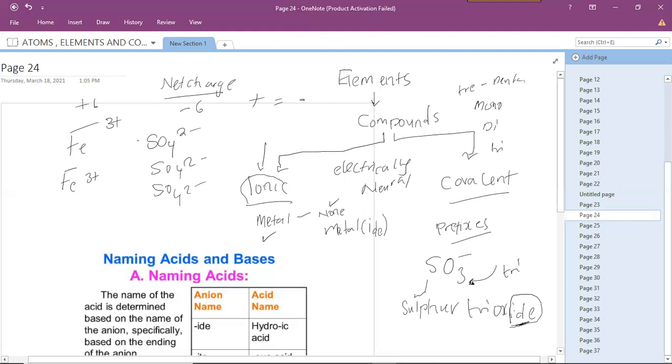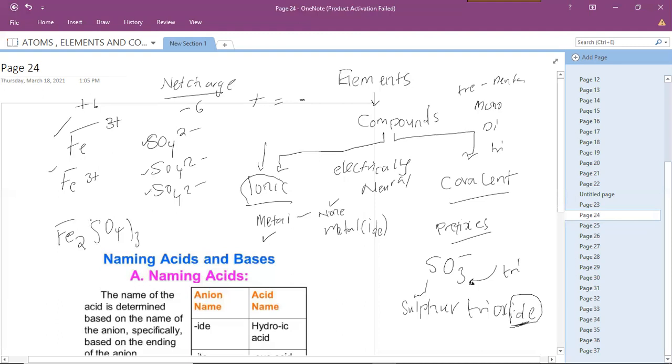Meaning for these two ions to form a properly balanced ionic compound, we're going to need two iron 3 pluses, like this. Then we're going to need 1, 2, 3 sulfates, SO4, 3.